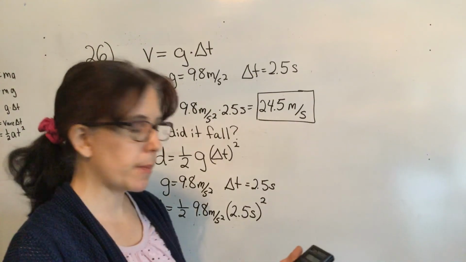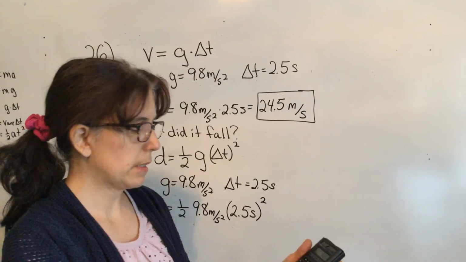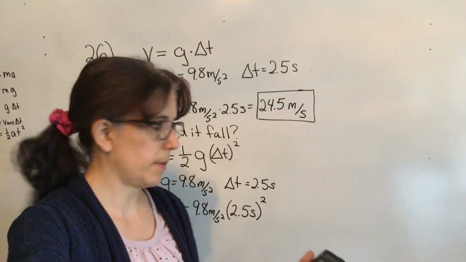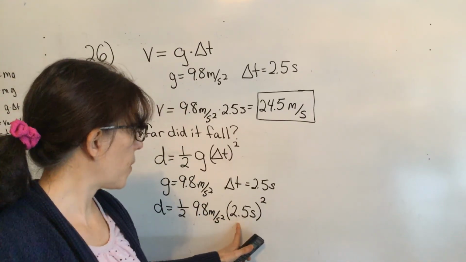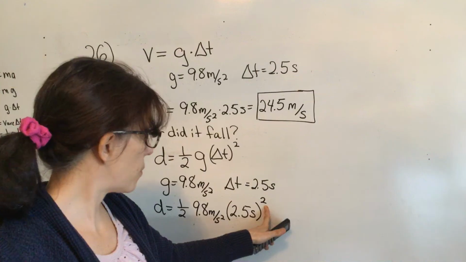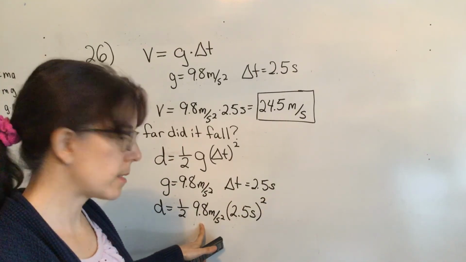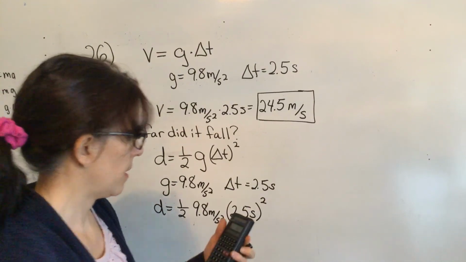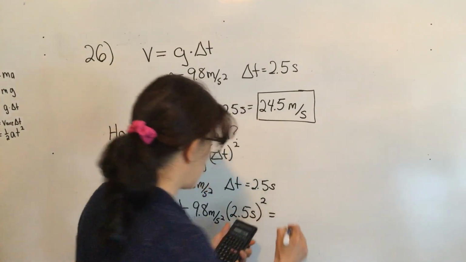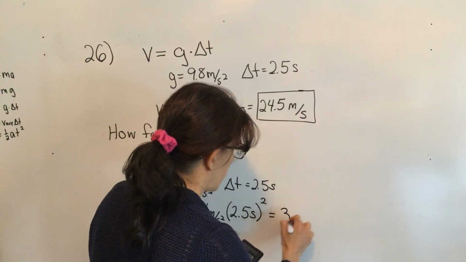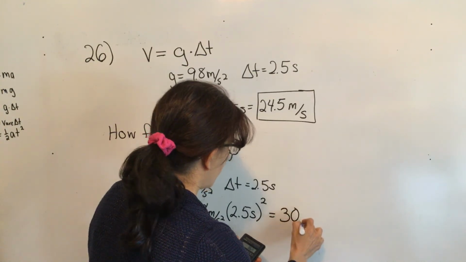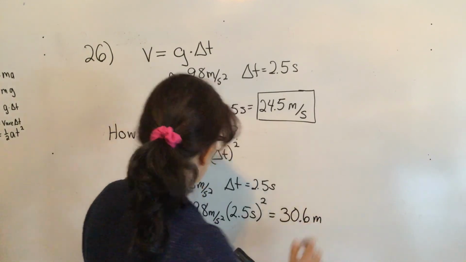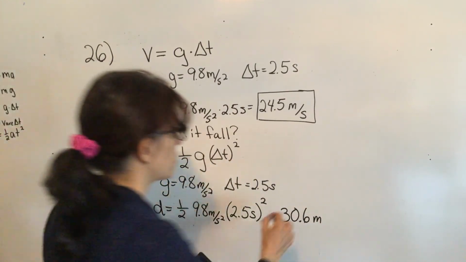We can multiply by 0.5, or in my case, I'm going to divide by 2. It's the same thing. So 2.5 times 2.5 means it's squared, times 9.8, and then divide by 2. Give that a try on your calculator. Make sure you get the same answer as I do. 30.6 meters. It's asking for meters.